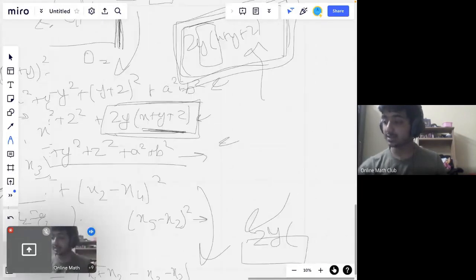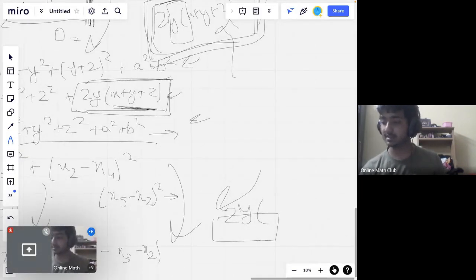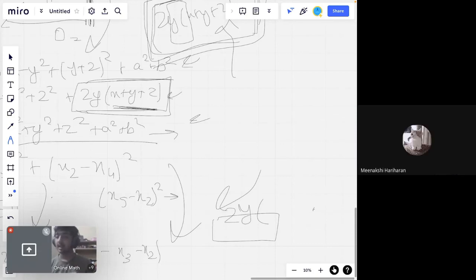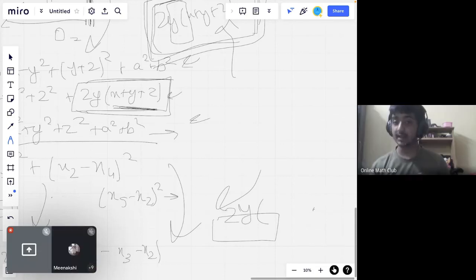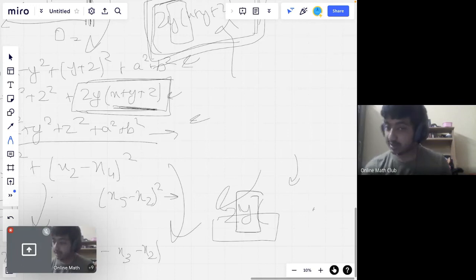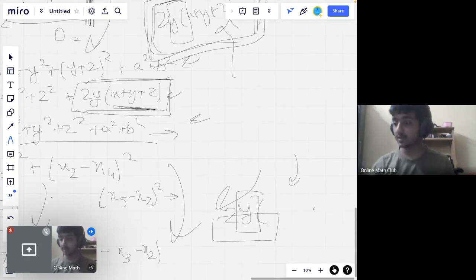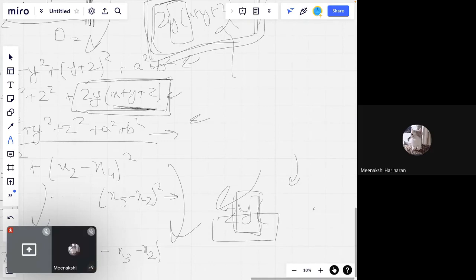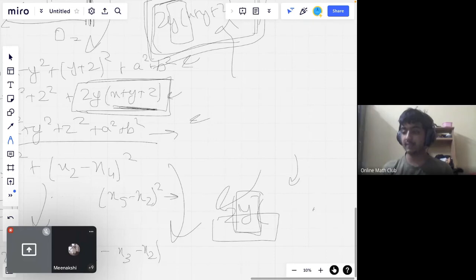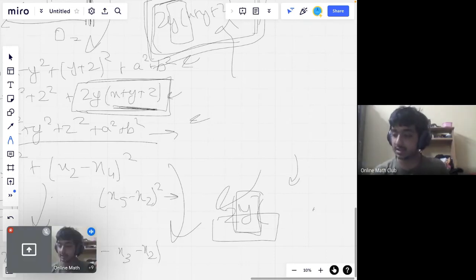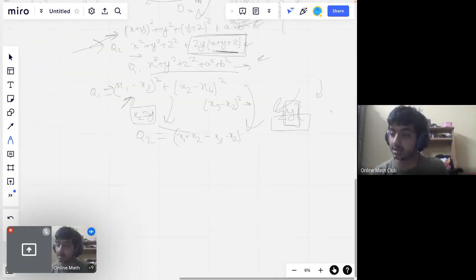Here it is only x plus y plus z, but here it'll be x plus y plus z plus a plus b, something like that. And we know that the sum is positive. So if this keeps decreasing, but it's bounded below by 0, it can't keep decreasing. That means eventually you will not be able to find a y which is negative. Did that explain stuff? So that's the motivation for finding this quantity in particular.